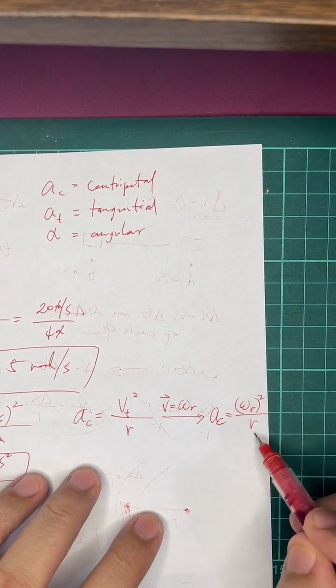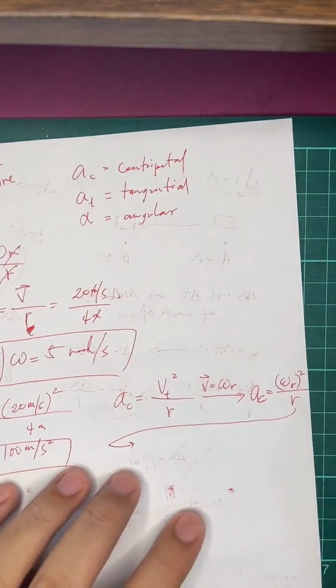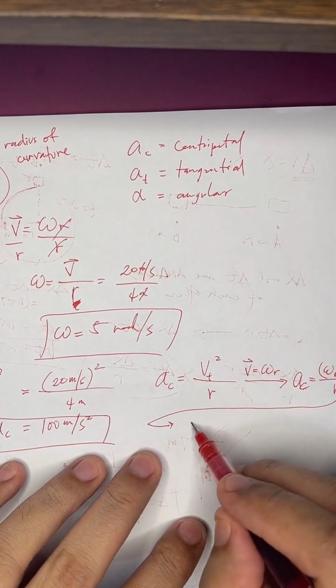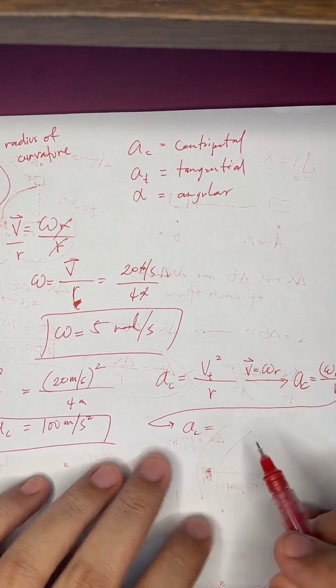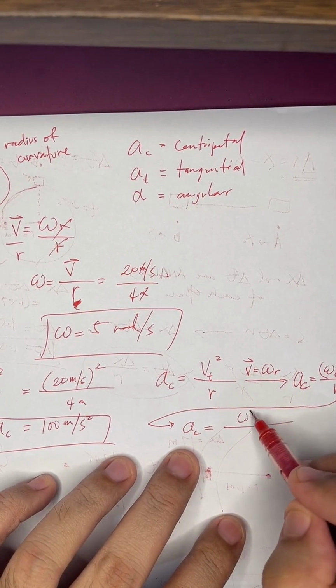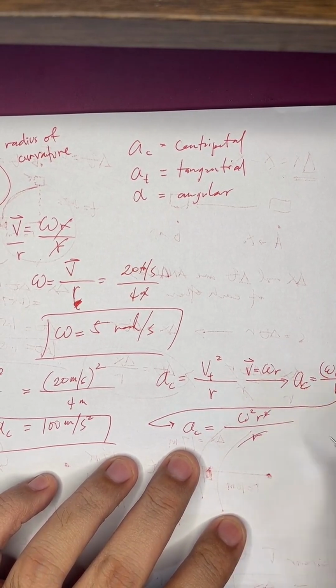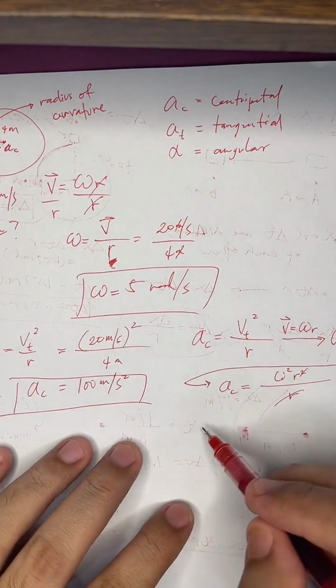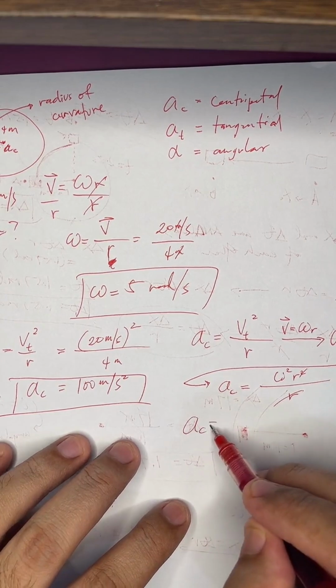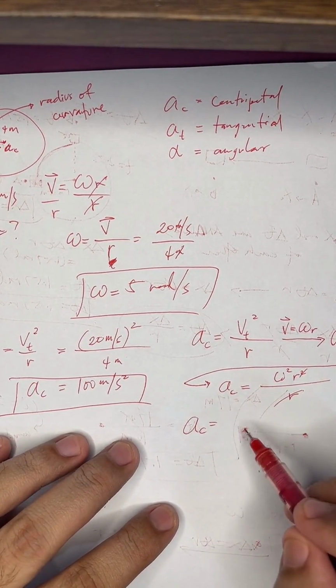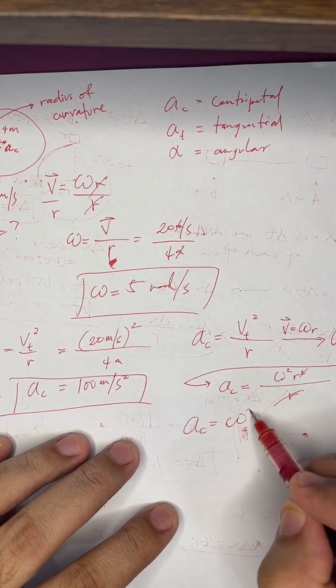Now, we simplify, and it becomes a sub c is equal to omega squared r squared over r. Then we cancel one of those r's, and we are left with an equation of a sub c is equal to omega squared r.